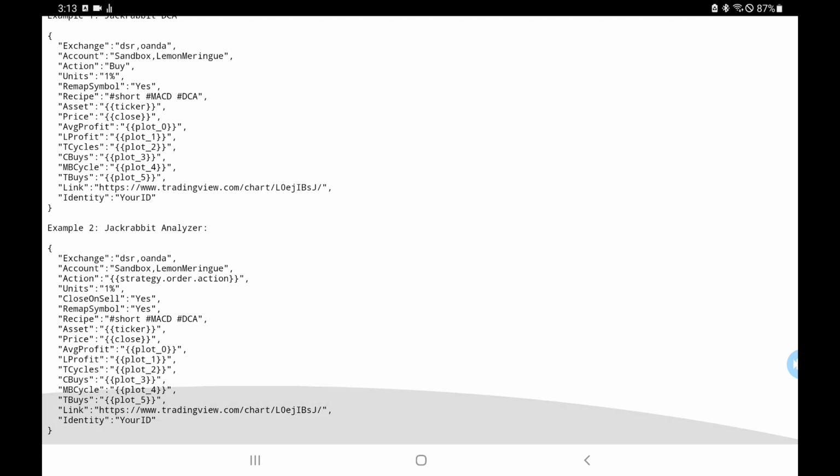But that's a little different when you use the Jackrabbit Analyzer, because it only allows buy and sell as a default when it generates its signal. So you need to tell Relay that whenever it gets a sell signal, that you want it to close it out completely. So this will allow you to do just that automatically within a given trade.